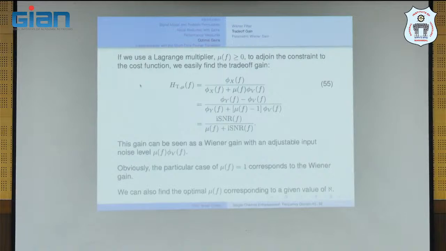Okay, in some frequencies, if we want to reduce more noise, we can increase the signal distortion. If in some frequencies we want to reduce less noise, we can change mu for each frequency.